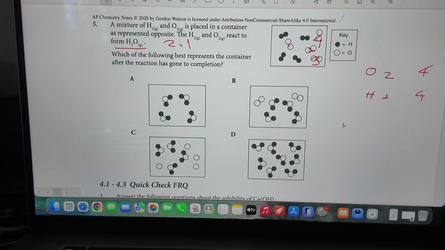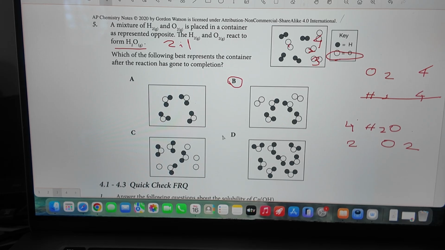We would create 4 H2Os, and that would take 8 hydrogen, and that's all of that would be done. And then it would create 8 oxygen, but we don't need all 8 oxygen. We only need 4. So the other 4 would create 2 O2s. So I think the right answer will have 4 H2Os, and this kind of looks like it has the 4 H2Os. And we've got to double check here. Oxygen is the white circle here, and would have 2 O2, so B is the answer. All right, that was a short video.